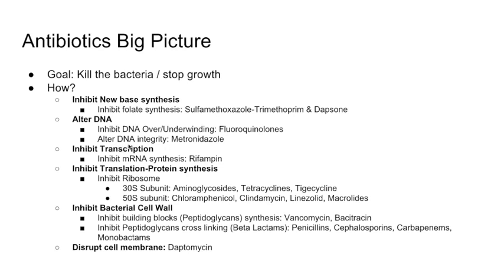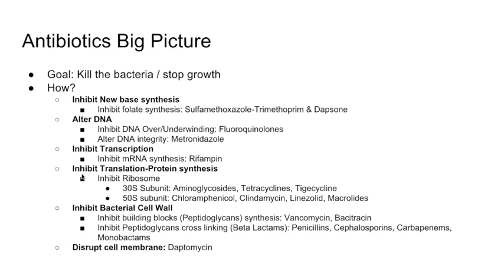We can alter the DNA integrity, so we can make some reactive oxygen species in the DNA, and that's using metronidazole. Third step is that we can inhibit transcription. So we've made the DNA, now we want to make an mRNA so that we can translate that protein. So we can inhibit transcription. And a drug that inhibits transcription, specifically the mRNA synthesis, is rifampin.